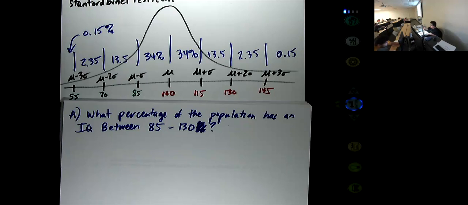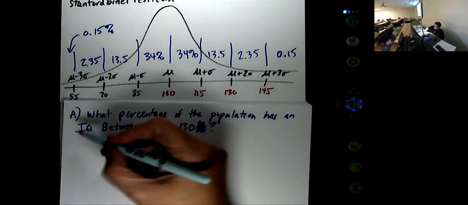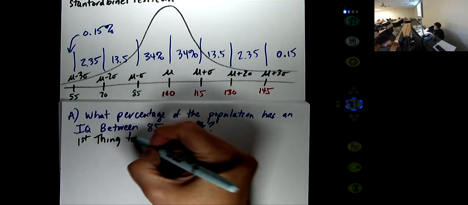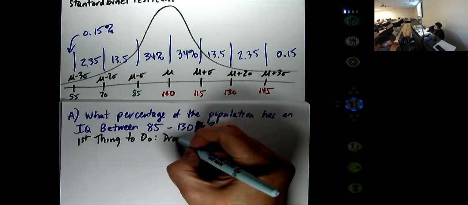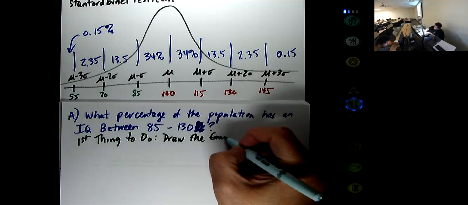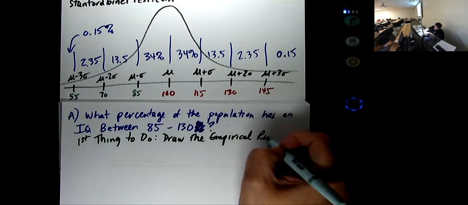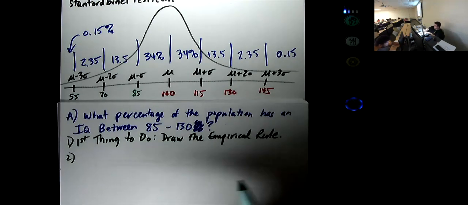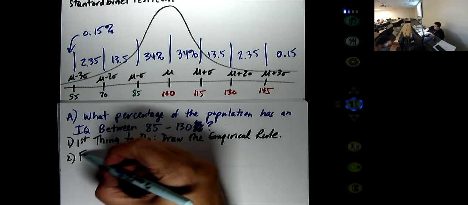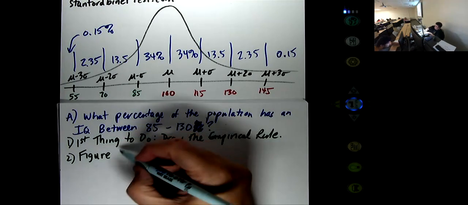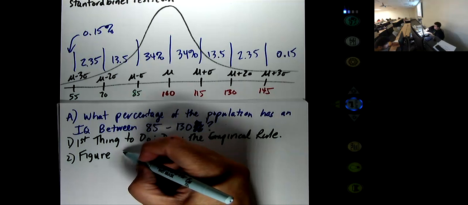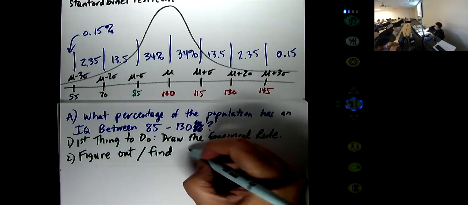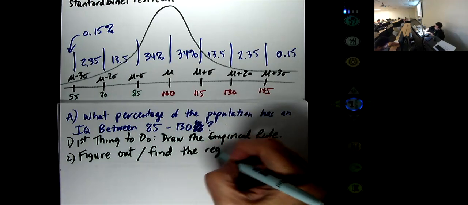So the first thing you want to do is draw the empirical rule, then find the region discussed and add up the percentages.